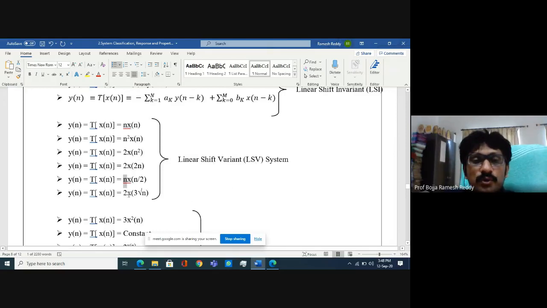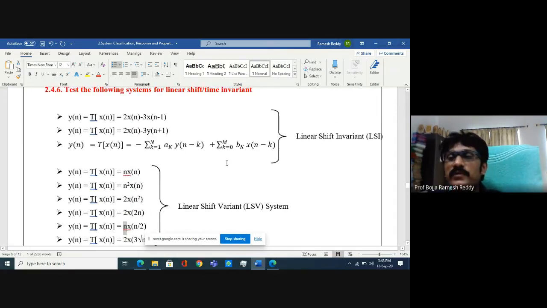Next, 2x of 3 root n. Root n cannot be included in a shift invariant system. But in every case, the system is linear. All systems are linear, but fail the time invariance property. All are shift variant systems.